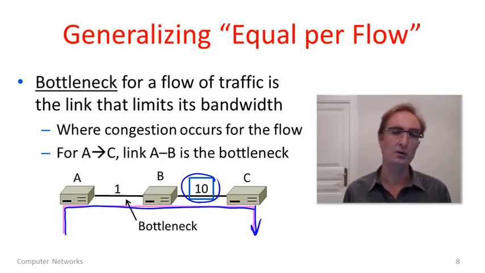For this flow, AB is the bottleneck link. It's the place that's limiting the amount of capacity we could assign to this flow, and it's also the place where congestion is going to occur. That link is going to be congested, meaning that the queues will build up just before it in A, trying to get on to the network. So that's what a bottleneck is.